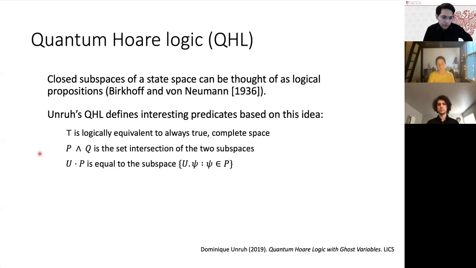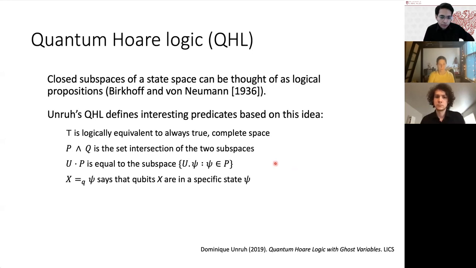Then there is this U dot P, which represents the state obtained after applying U to all the states in a subspace P. So this is something we'll use when we apply unitary gates.